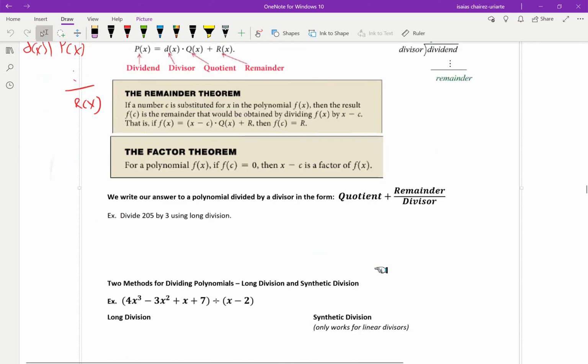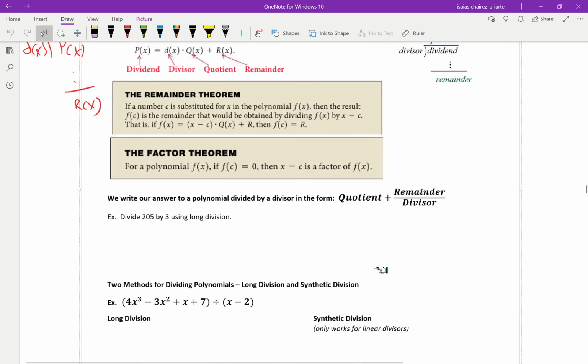Now, there's this little business right here that says that we write our answer to a polynomial division in the form quotient plus remainder divided by divisor.